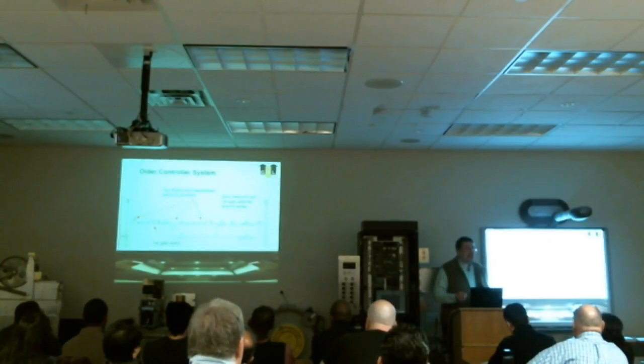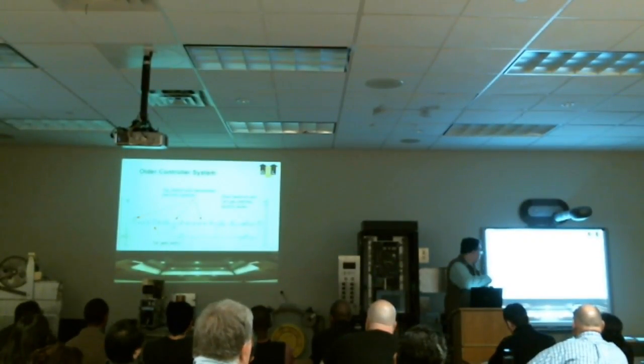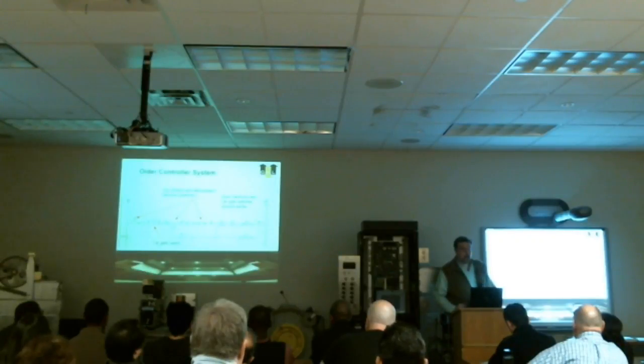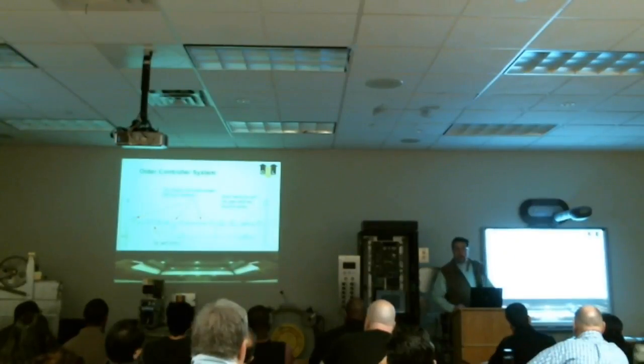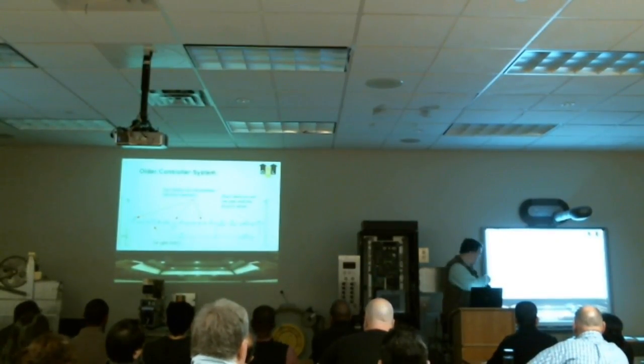That's all fine and dandy, but the problem is that after they get the people out of the elevator, they tend to forget about the circuit they bypassed. They forget, well, I bypassed my door lock in the hall or in the car or both, for that matter, and they tend to walk out of the building with that jumper bypassing the safety circuits for the car door and the hall locks in place.